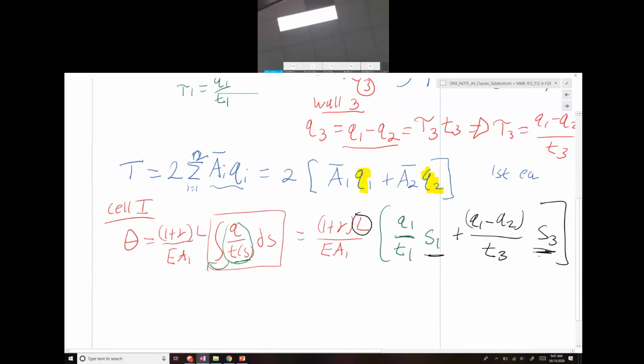All right, so we now have to repeat this process for cell 2, so it should be pretty similar. So for cell 2, it's the same coefficient, so it's the same equation.